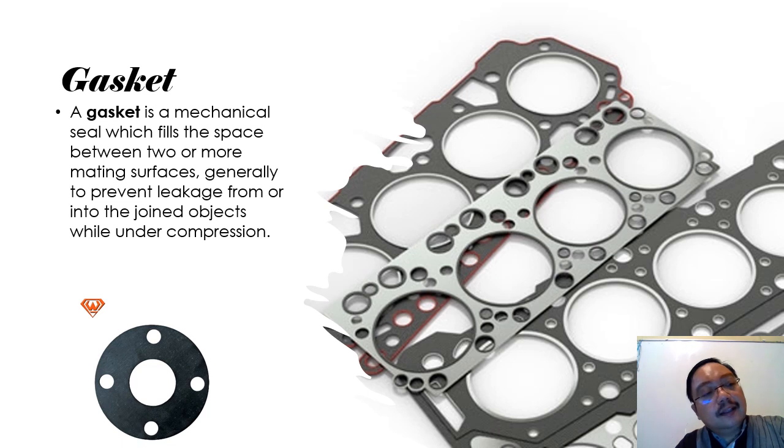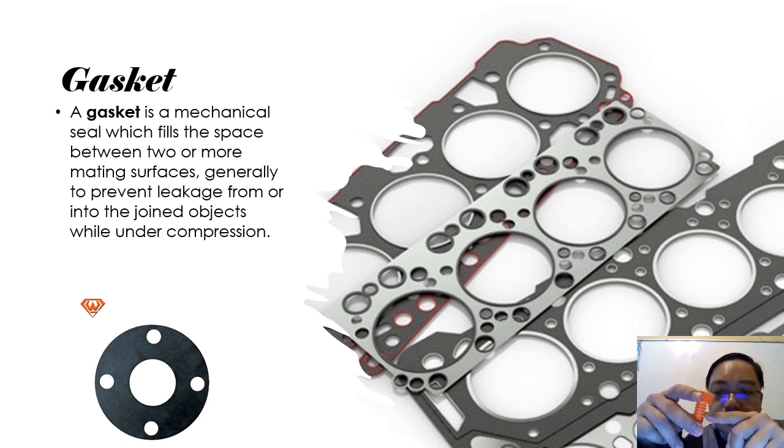Let's say you have this part, and then this bolt and that part. The pressure with a gasket will distribute evenly, but without a gasket, that pressure cannot distribute evenly. Another function of a gasket is that if we put a gasket, we can calculate the stiffness of the bolt and the stiffness of the member.